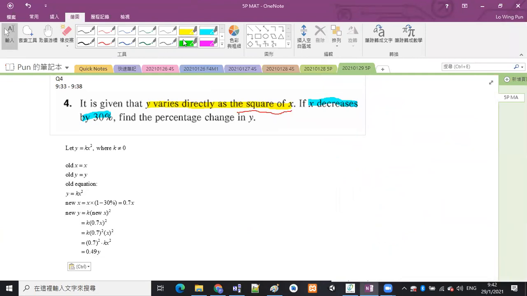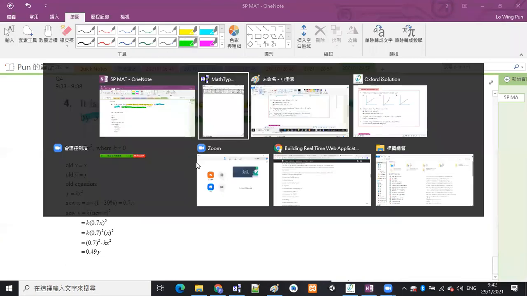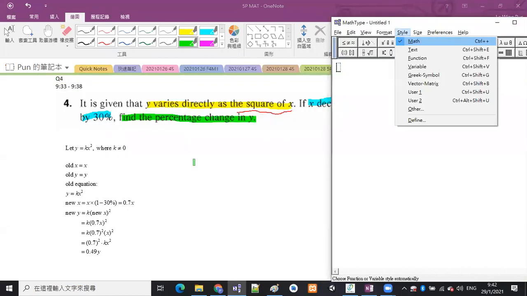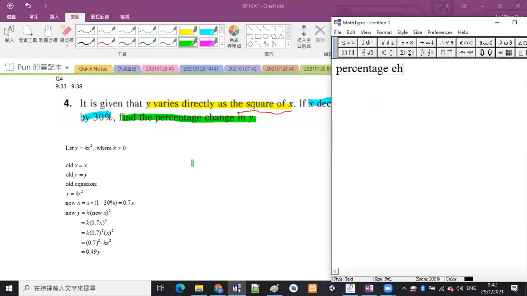The question asks you to find the percentage change in y, so you just answer the question. Percentage change in y is equal to new y minus old y, divided by old y, times 100%.